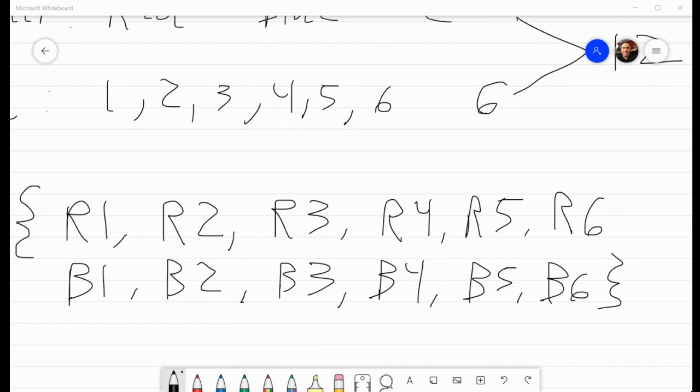Again, as you can see, the R and the B came from the color of the spinner, okay? The numbers came from the die. So R1 would mean the spinner landed on red and you rolled a 1. R2 meant the spinner landed on red and you rolled a 2. And you keep going this way. I am listing them systematically, at least I'm trying to.